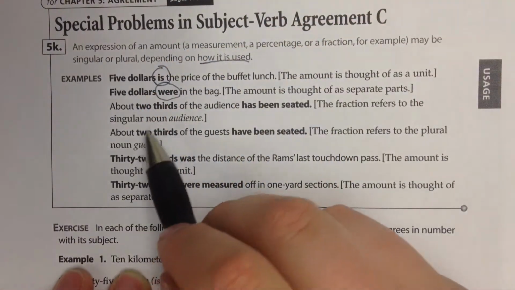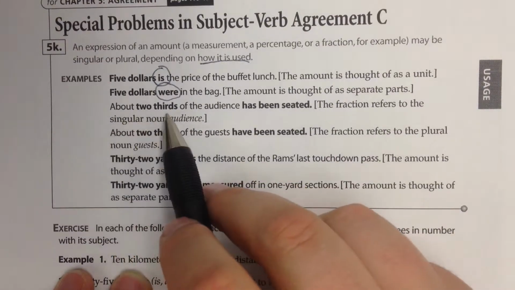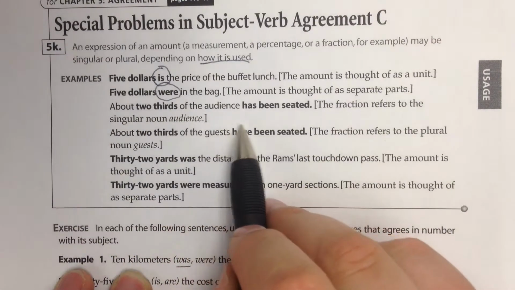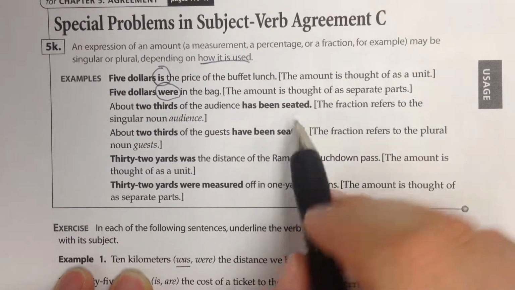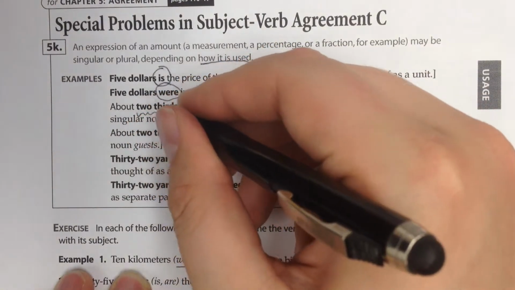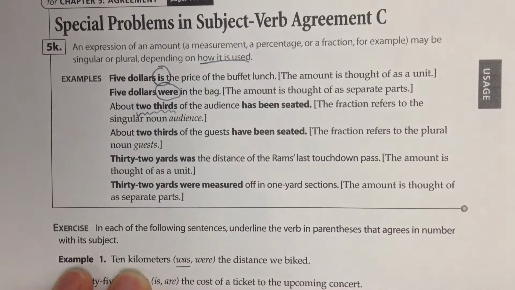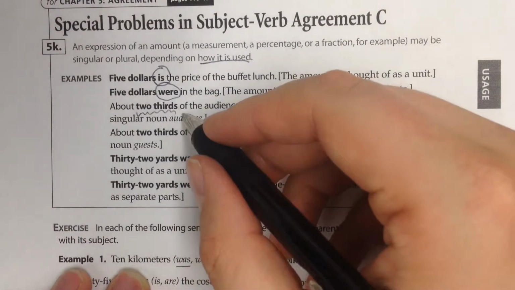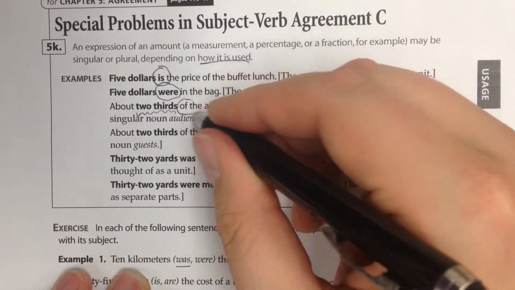Here's another thing. Here's a fraction. "About 2/3 of the audience has been seated." Whenever there's a fraction, like 2/3 or 1/4 or 7/8, usually there'll be a prepositional phrase right after it.